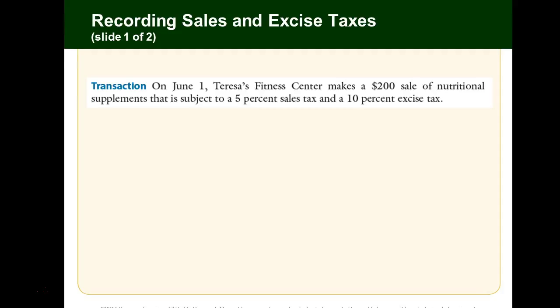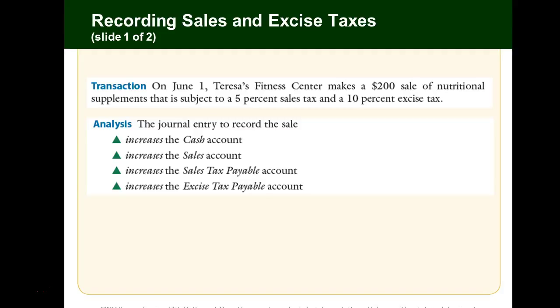So, as you see right here, on June 1st, Teresa's Fitness Center makes a $200 sale of nutritional supplements that is subject to a 5% sales tax and a 10% excise tax. So they sold goods and they made $200, or they received $200 from the sale of their product.